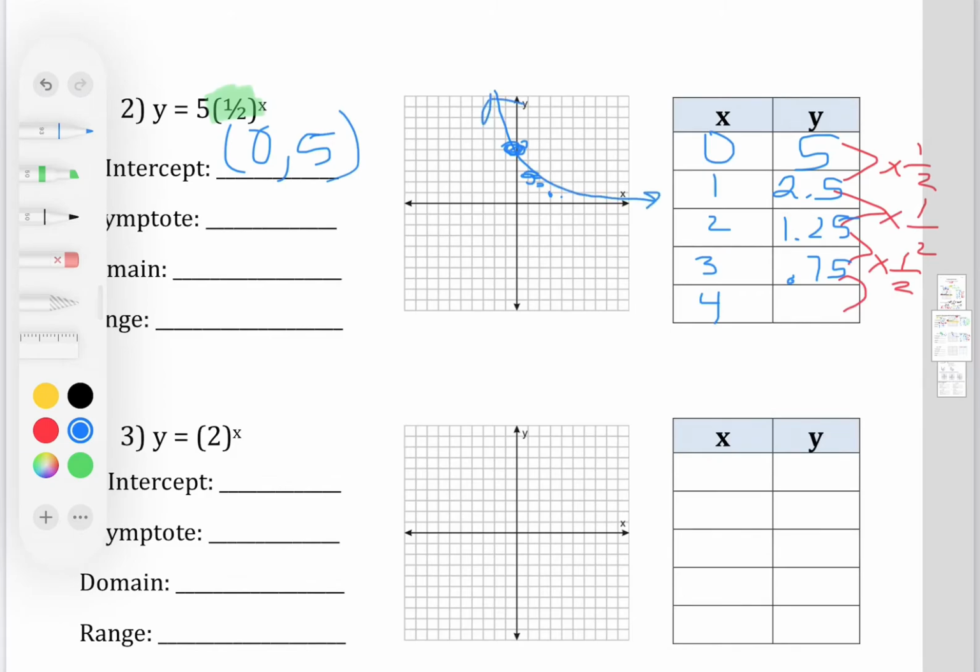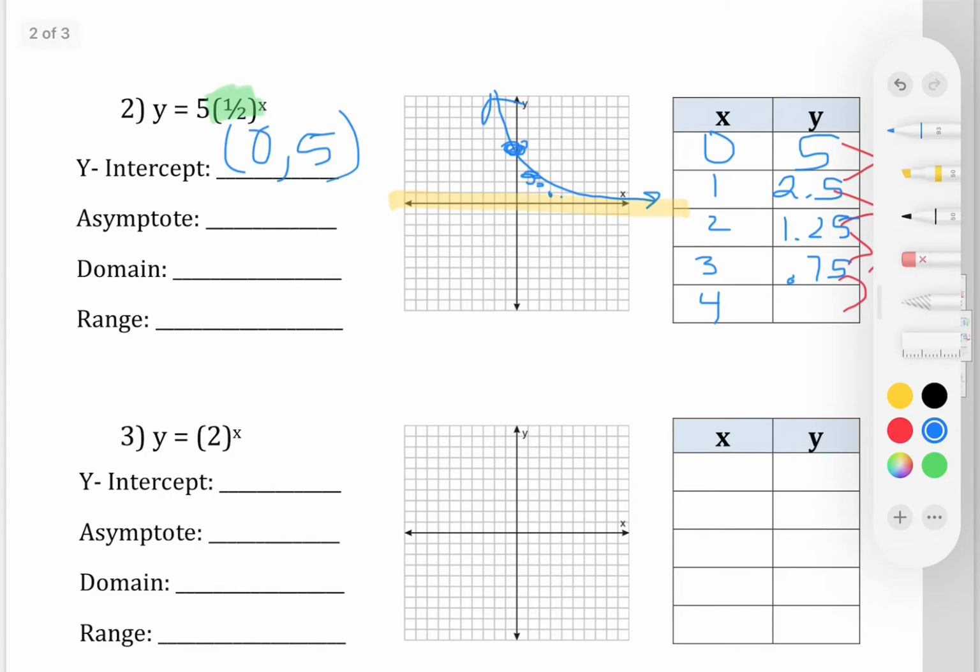So this graph, because my multiplier is a fraction, this one's going downward. It still has an asymptote at 0. It's never going to go below 0. So my asymptote is the number y equals 0. My domain of this type of graph is always going to be all real numbers. And my range is that all of these y values live above the number 0. Not too bad.